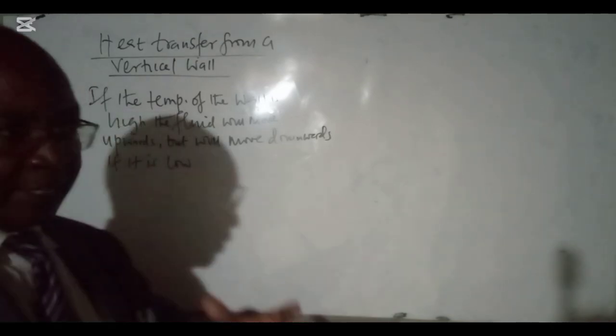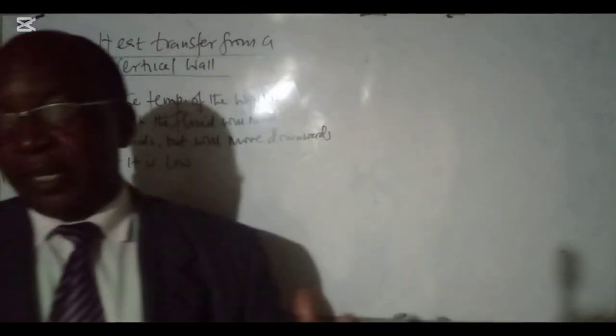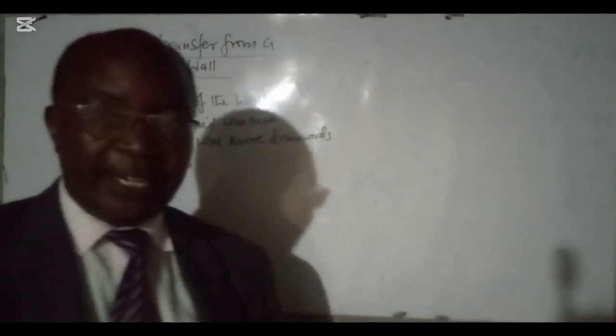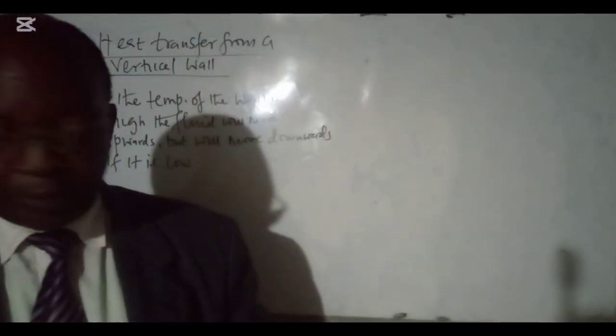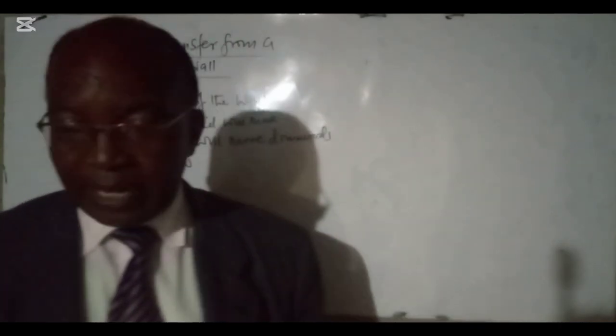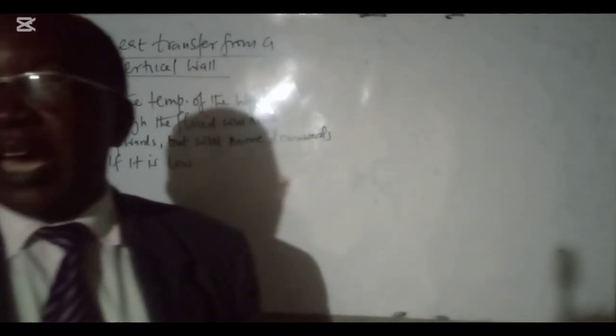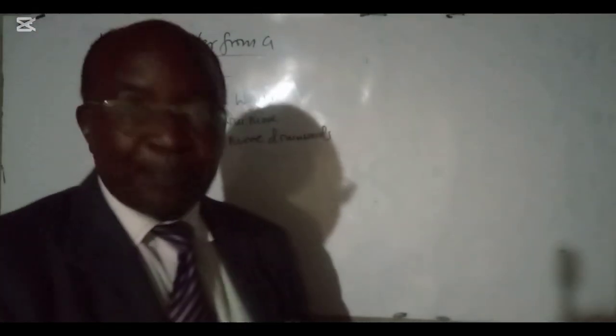Now, these movements of this particular fluid will be the result of temperature gradients. And these temperature gradients, of course, result in density gradients. You have already seen, when we were talking about turbulent processes, that there was development of eddies based on density gradients and velocity gradients within the system. So this disrupts the system.